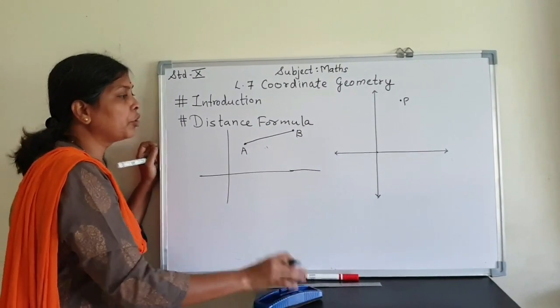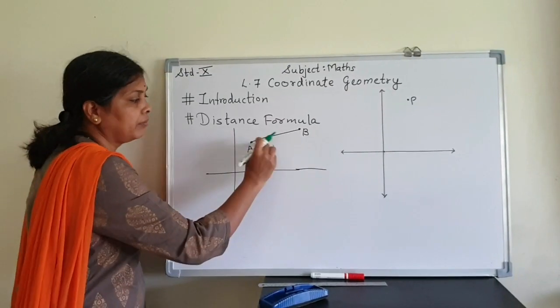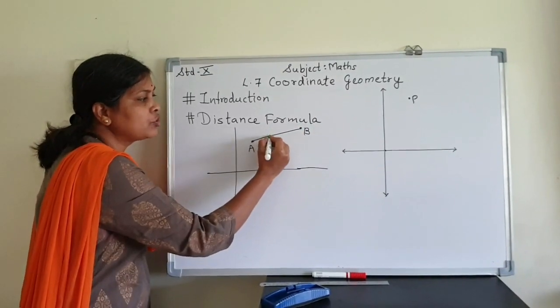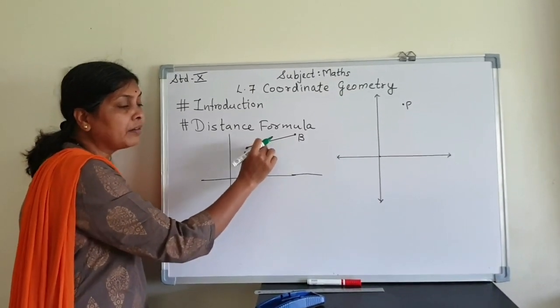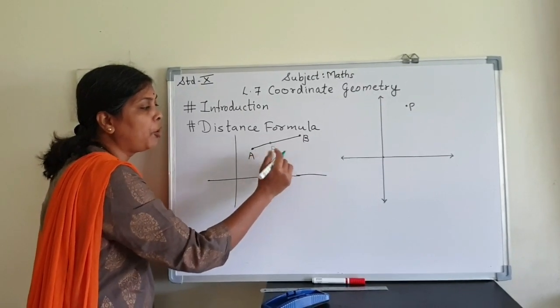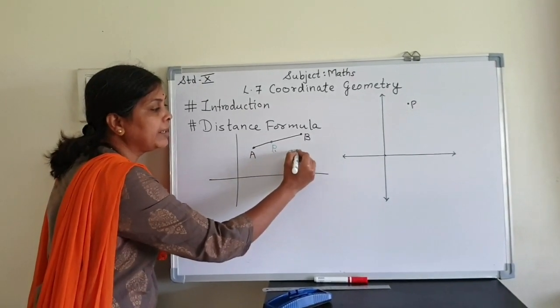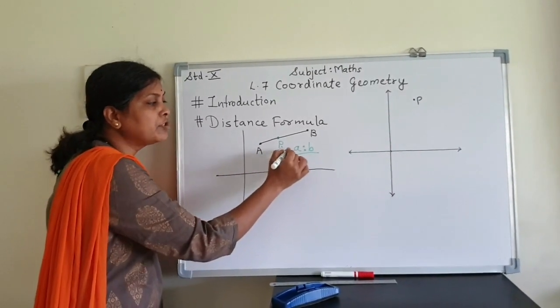One more thing you are going to learn is, if these two points are given and these two points are intersected by one other point, where the intersection is given in the form of a ratio, like A is to B ratio, then what will be the coordinates of this point?